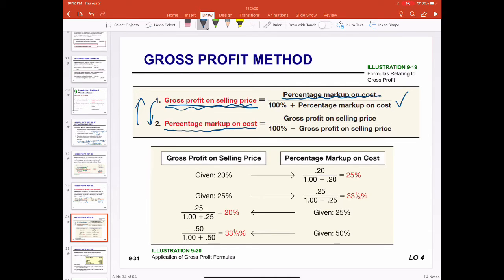If we have the gross profit on selling price available, we put it into this formula to get the percentage markup on cost. So, for example, 20% gross profit on selling price is the same as 25% markup on cost. Or 25% gross profit on selling price is equivalent to 33.3% markup on cost.